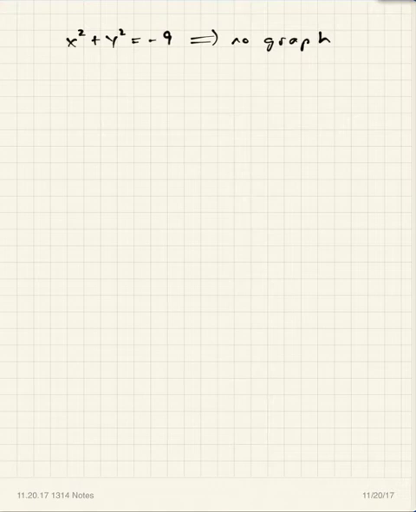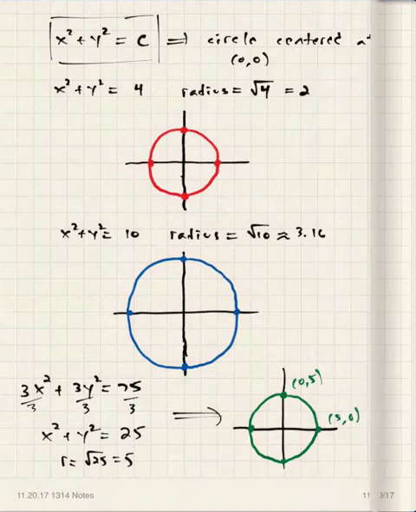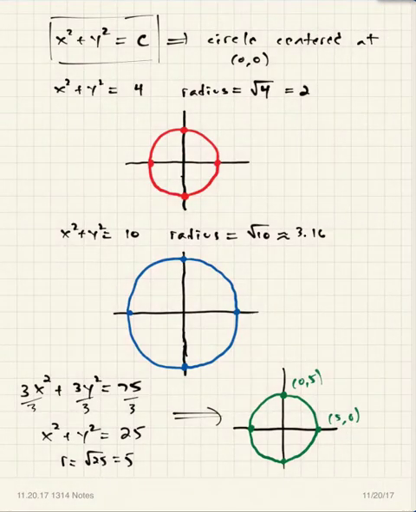All right, so now notice that if you have an equation like this, let's say we have 2x squared plus 3y squared equals 9, there's no way, because the coefficients of the x squared and the y squared are different. Notice that on the equation at the very bottom here, the coefficients of the x squared and the y squared were exactly the same.